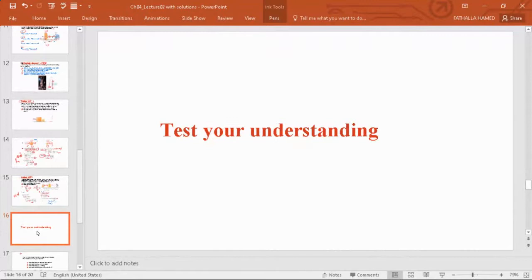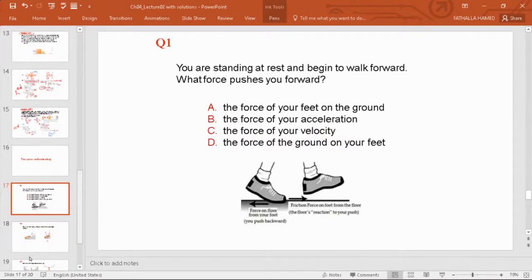We'll try to look at some questions here, basically, to test your understanding. In question 1 here, you are standing at rest and begin to walk forward. What force pushes you forward?